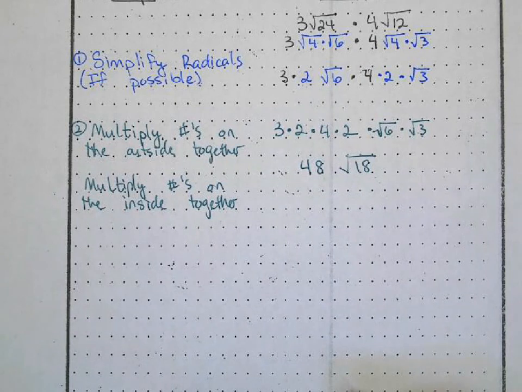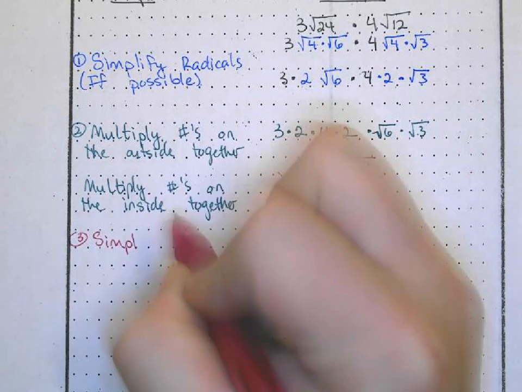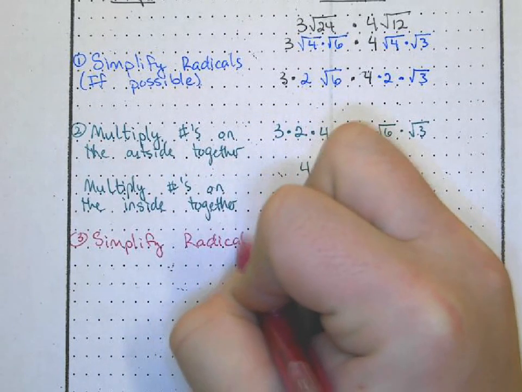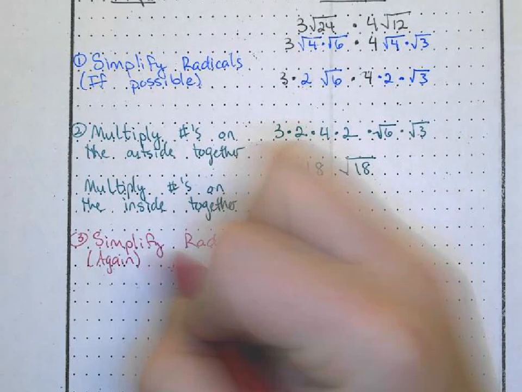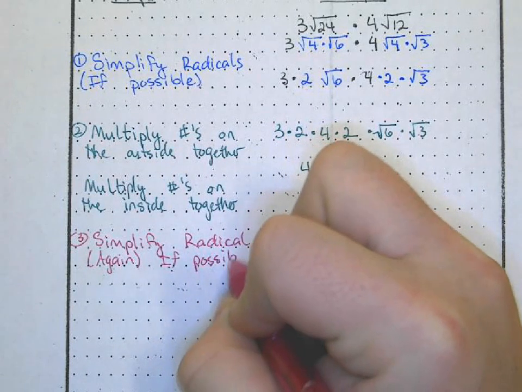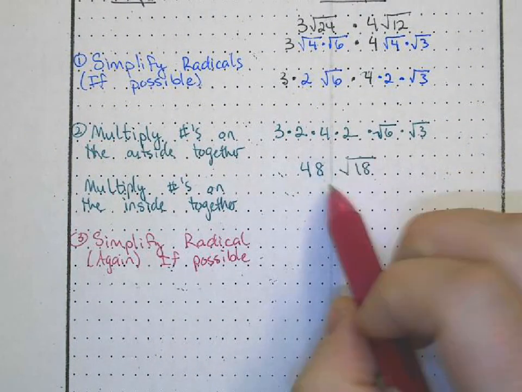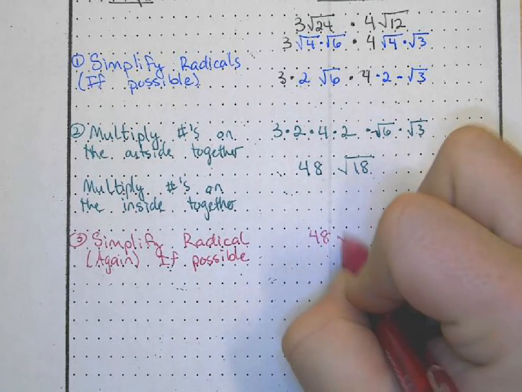And then step 3 is simplify radical again, if possible. So we have our 48 root 18. I'm just going to copy that for this step.